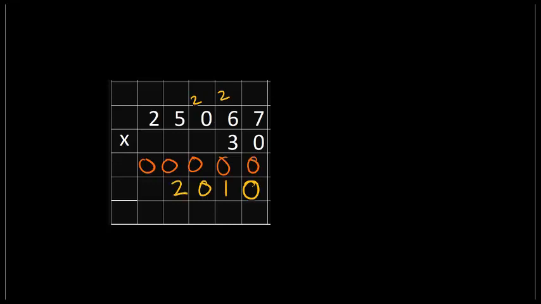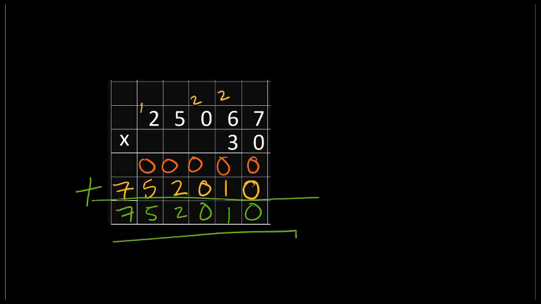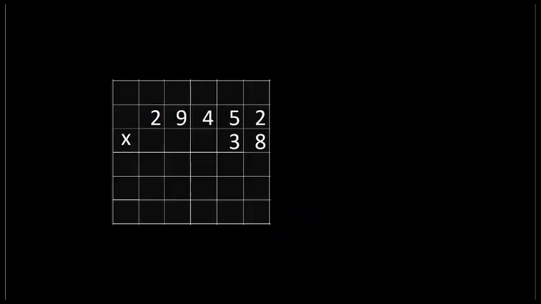Plus 2 is 2. 3 times 5 is 15. So that's 5, carry 1 over. 3 times 2 is 6. 6 plus 1 is 7. Now I add them all together, and I have 0, 1, 0, 2, 5, 7. That's your final answer. Next question.